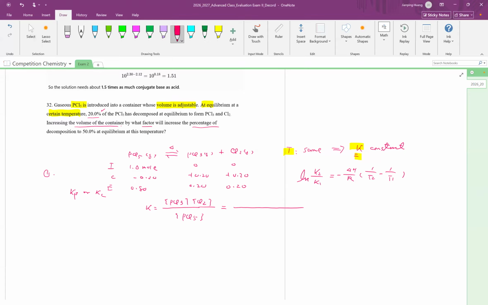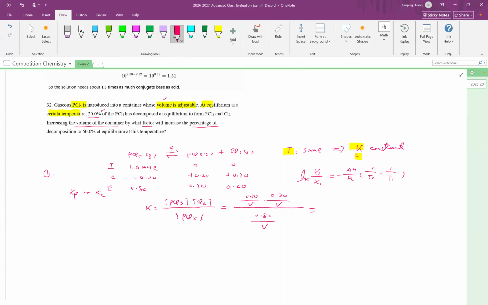Now let's do that, because it's a molarity. So you get 0.20/V, 0.20/V, where V is the volume. Here it's 0.80/V.